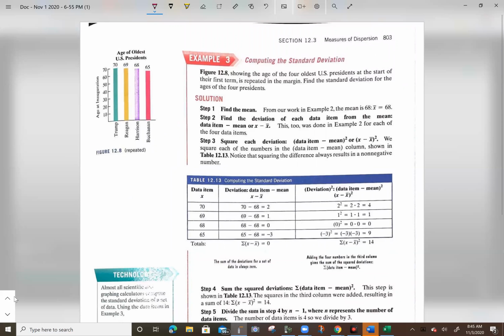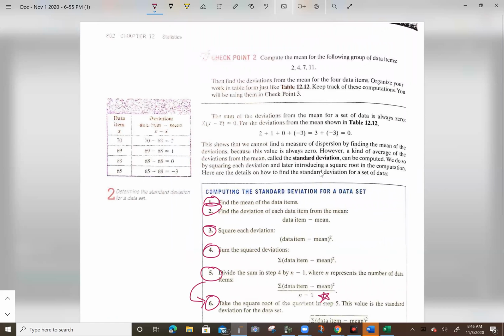Let's go back really quickly because checkpoint 2 was asking you to find the deviation of each of these numbers. So the first step was to find the mean. So we take 2 plus 4 plus 7 plus 11, which is going to be 24, and divide it by 4.